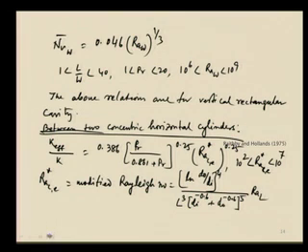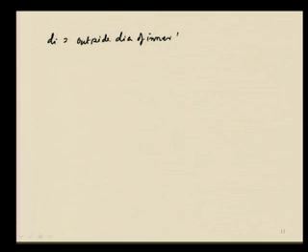So, in this case di is the outside diameter of inner tube, dO is the inside diameter of outer tube.